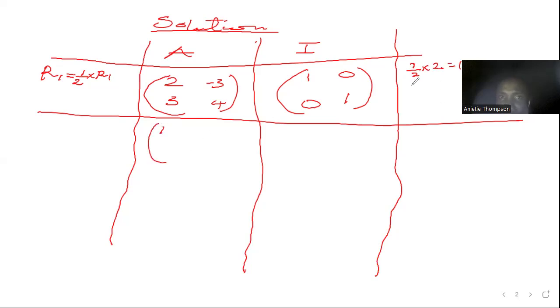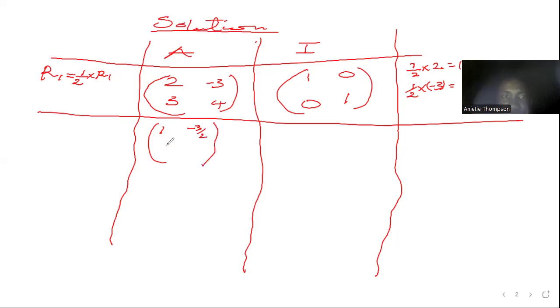And then minus 3 over 2. Sorry, I was trying to get the result too fast. So this will be 1 over 2 times minus 3, that would equal minus 3 over 2. So the new row 1 I have right now is 2 divided by 2, that's 1, and then minus 3 over 2.